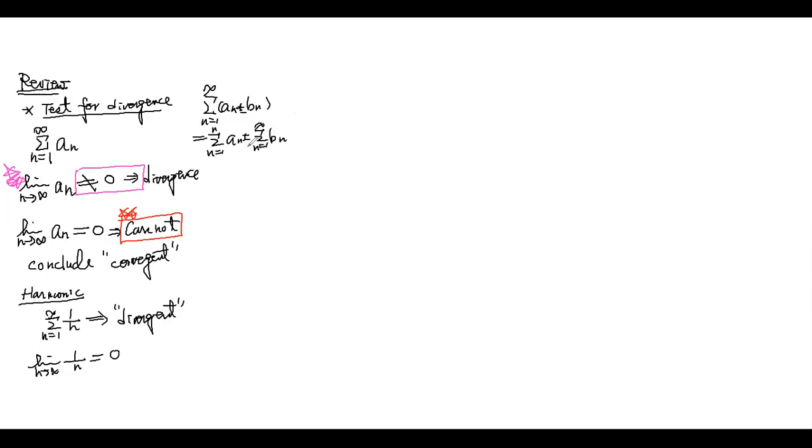If one of them is divergent, adding a divergent series to a convergent one gives a divergent series. That's why we discuss addition, subtraction, and scalar multiplication.